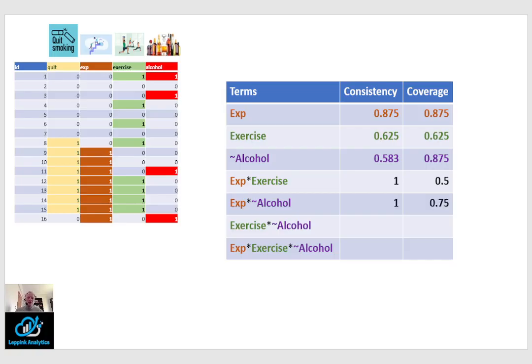Next, the combined occurrence of health intervention and low alcohol intake. There are 6 people in this sample who have this combination of conditions, and all 6 of them quit smoking. Hence, for this combination, we find a perfect consistency as well.